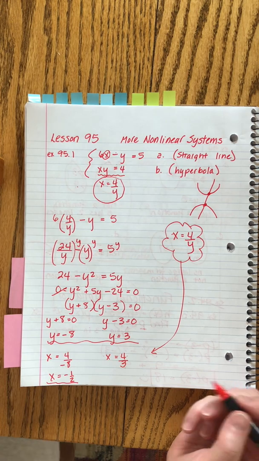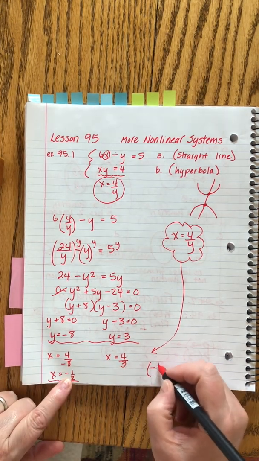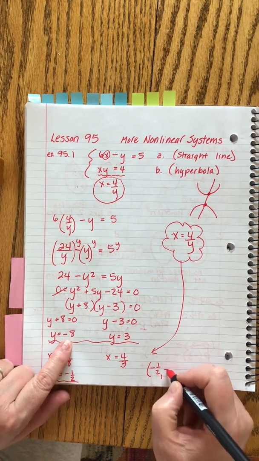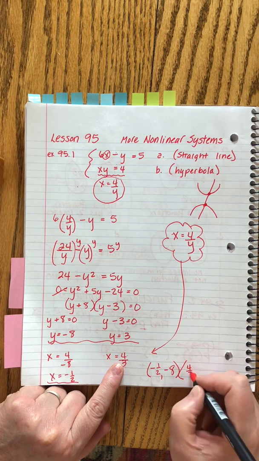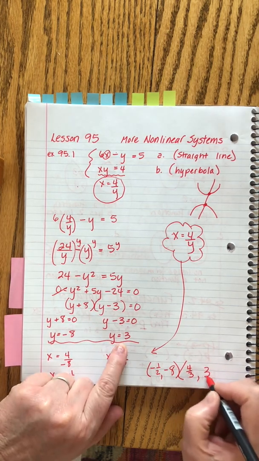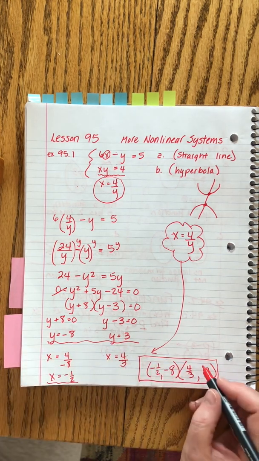We can't do anything more. So to write our final answer, I'll write the first x minus 1/2 with its y minus 8, and then the other solution is 4/3, 3. That's our final answer, written in ordered pairs.